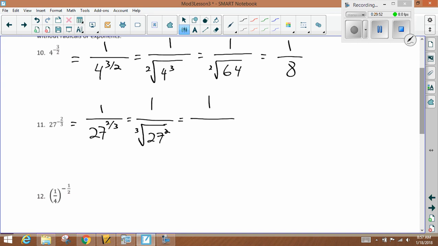That's 1 over the cube root of, 27 squared is, survey says, 729. Does 729 have a cube root? It sure does. It's 9. Beautiful.